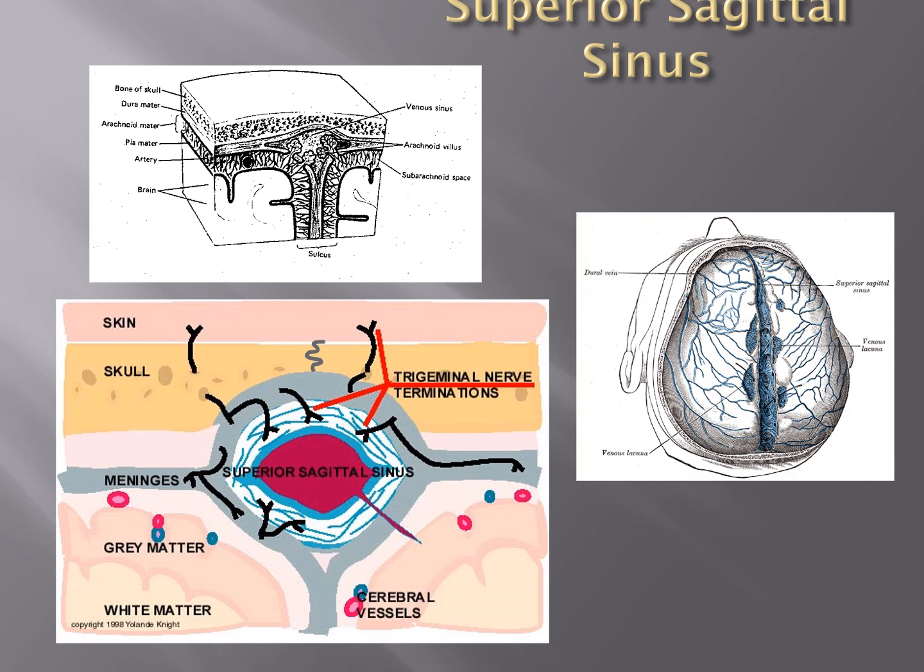And right above that joint is the superior sagittal dural sinus. Okay, it's illustrated in these pictures. It's full of cerebrospinal fluid and venous blood that needs to drain back out of the head and get recirculated.